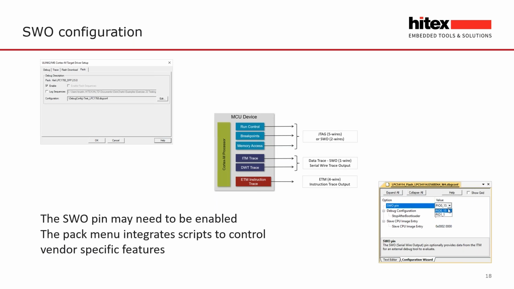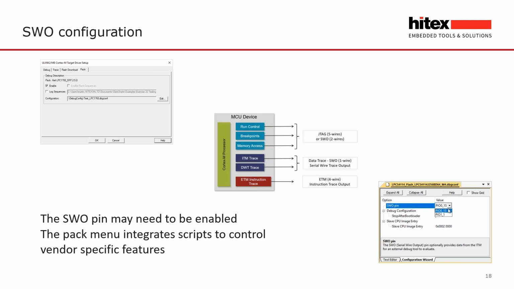So here in the Pack tab, we can then go in and open up the debug script and view this and set any custom features for that microcontroller. So for example, enable a serial wire out pin, configure how the CoreSight debug architecture behaves in low power modes, etc. Some manufacturers allow you to freeze things like timers or serial interfaces so that it stays in step with the debugger as well.